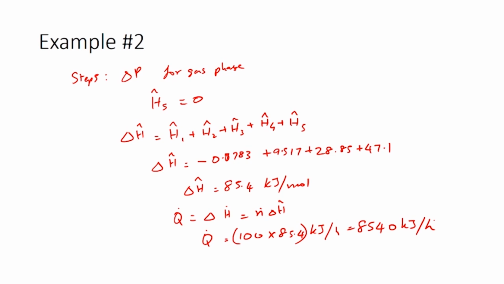For the first process, where you had change in pressure for a liquid, the numerical value was minus 0.0783, and every other value was orders of magnitude higher than this, indicating how insignificant this particular step can be. Because of this, in some cases it is okay to assume that the change in enthalpy due to change in pressure, even for liquids or solids, can be 0 unless the change in pressure is very large. With that we come to the conclusion for today's lecture.